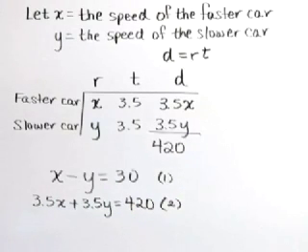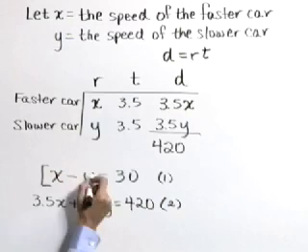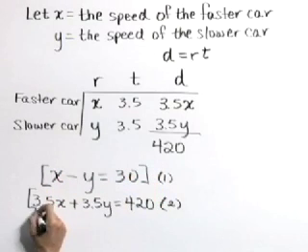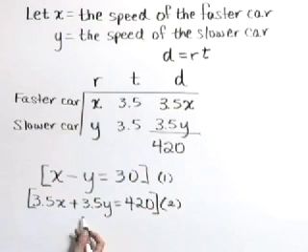Now I'm going to use an elimination method to eliminate the variable y. Let's do that by fixing each of these equations. Let's create a coefficient of 35 and negative 35 in equations 2 and 1 respectively.